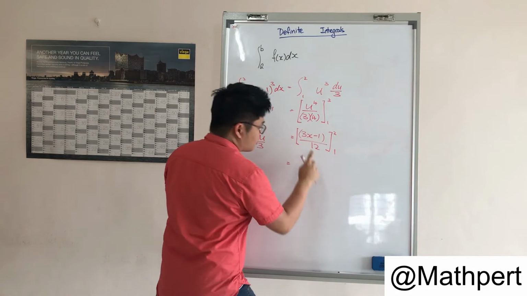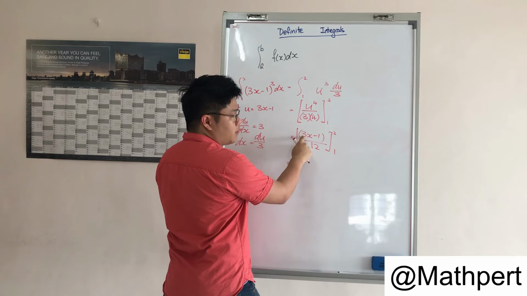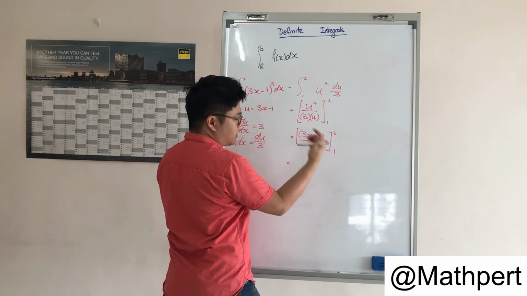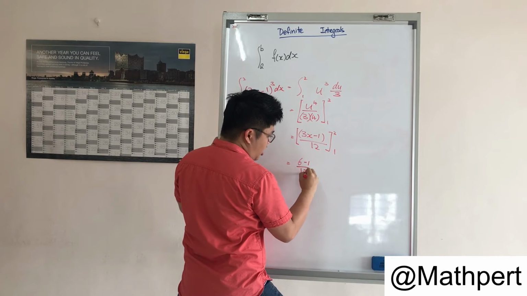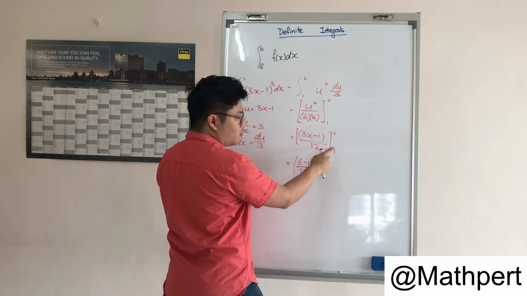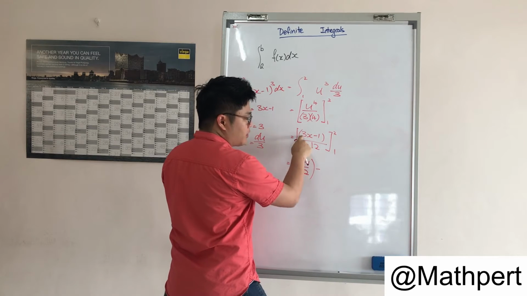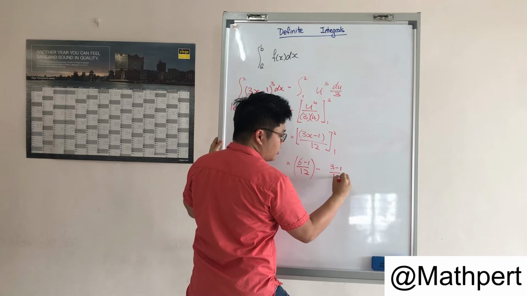So this means substitute 2 into x. 3 multiplied by 2 is 6. 6 minus 1 to the power of 4 divided by 12, minus, now substitute 1 into here. 3 multiplied by 1 is 3, minus 1, to the power of 4 divided by 12.